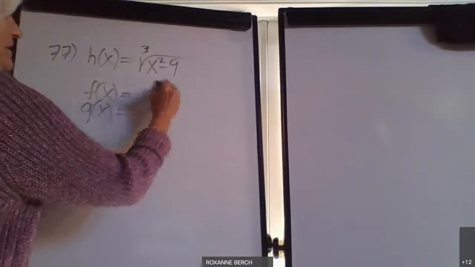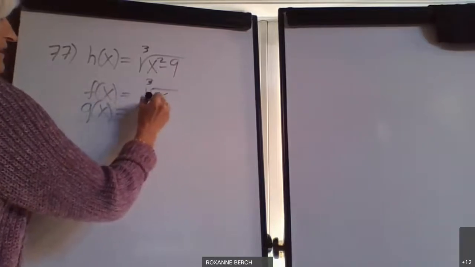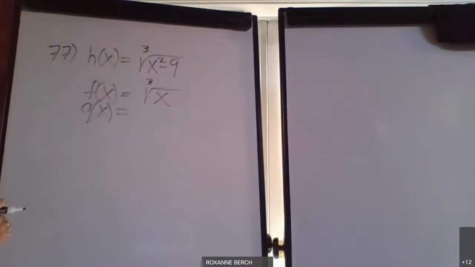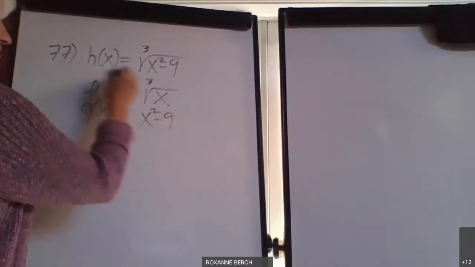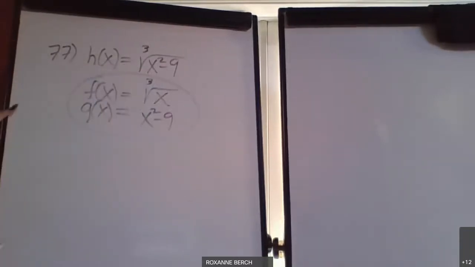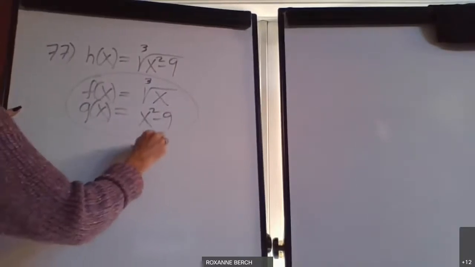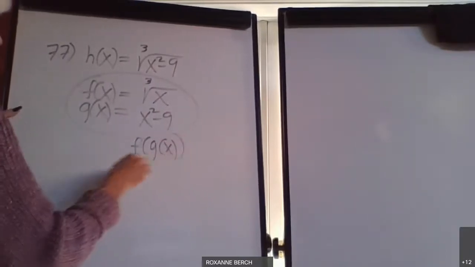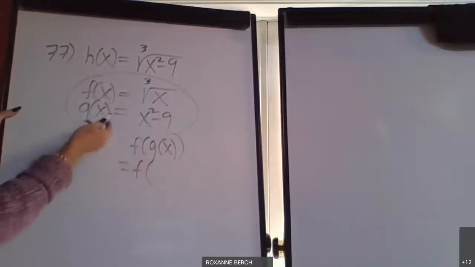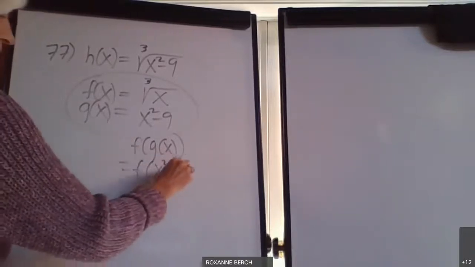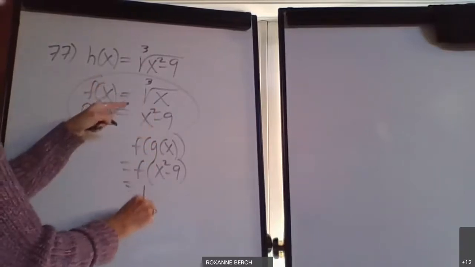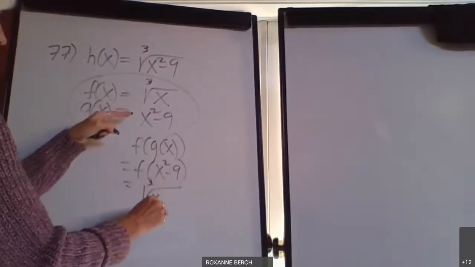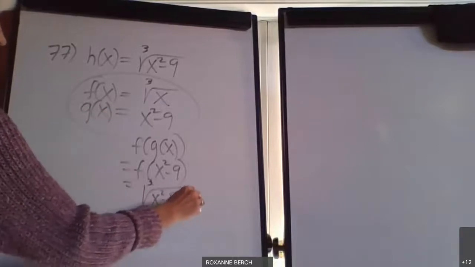And the parent is the cube root of x. It's what's outside. And now you just put what's inside, and believe it or not, the answer, I'm going to prove it to you. I'm going to show you the composition, and we're going to get h. So you put the g function in. That becomes the x of the f function, which is the cube root of x.